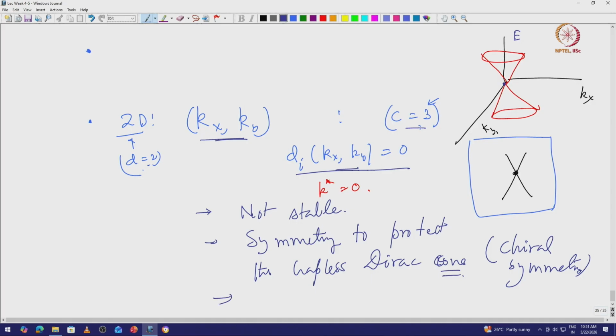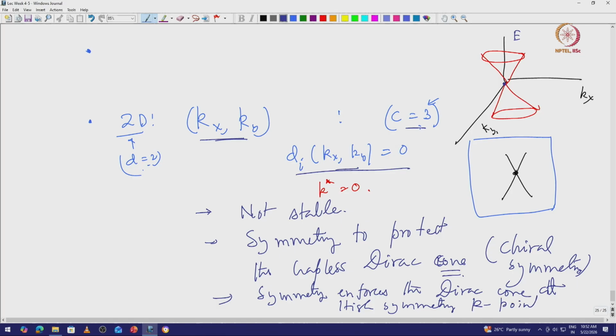And also symmetry will enforce this Dirac cone to appear at high symmetry k points, such as here, here, here, here, and their equivalent points.